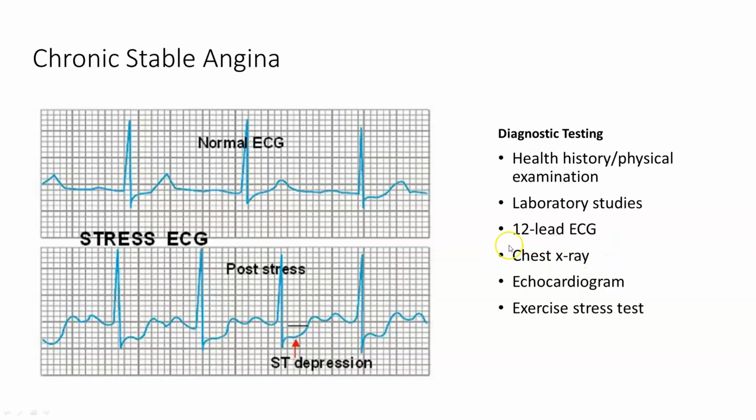Chest x-ray to help identify cardiomegaly or any fluid in the alveoli. An echo because they are at risk for heart failure, as well as an exercise stress test because remember, we're trying to elicit those changes in the ST segment to verify that yes, we think that you have this, and that is telling us that what we think is true.